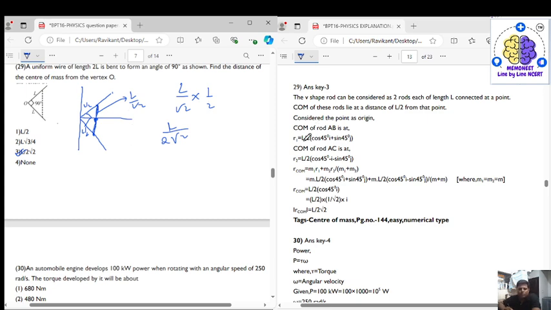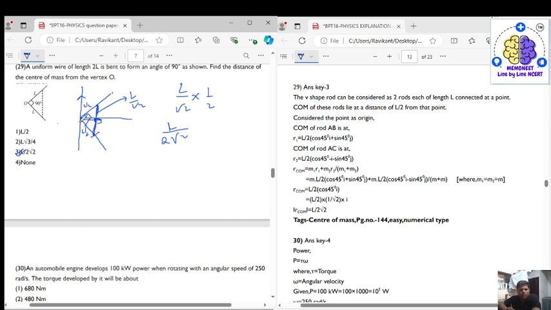R1 is equals to L by 2 cos 45 i cap plus sin 45 j cap. That is, this L by 2 is being resolved into its components. This will be L by 2 sin 45, and this will be L by 2 cos 45.